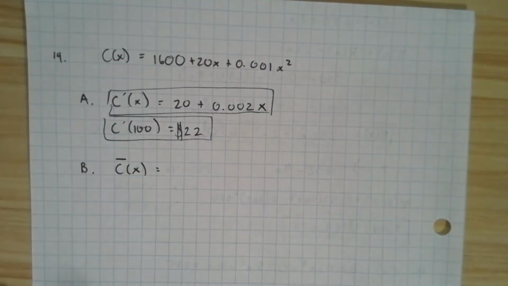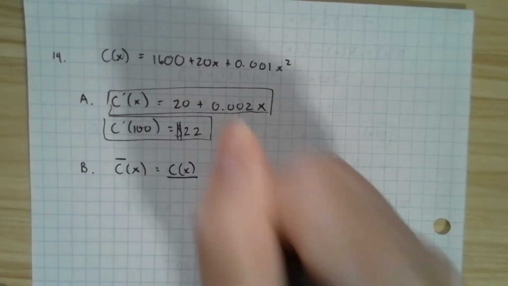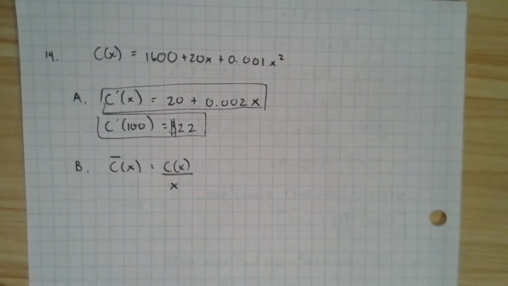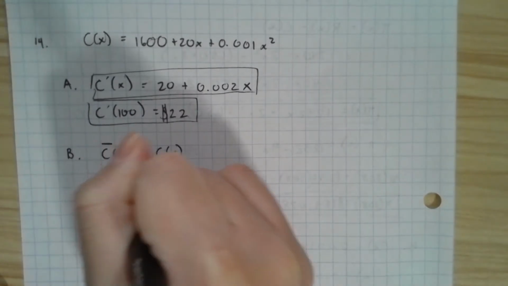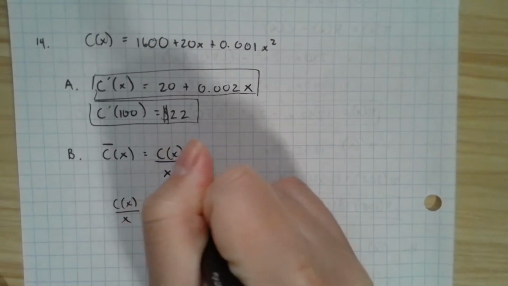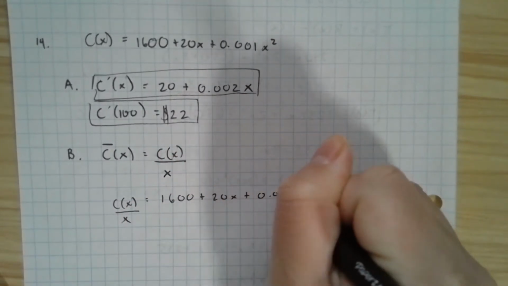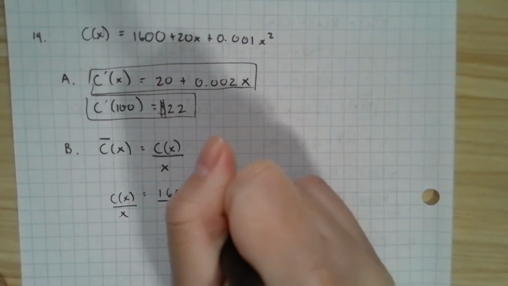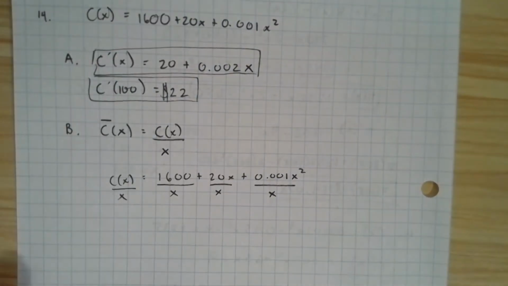C bar of X, or average cost function, is the cost function over X. So first thing you're going to want to do is simplify the cost function then. Over X. So here's the cost function, and then each term over X, and then you simplify it.